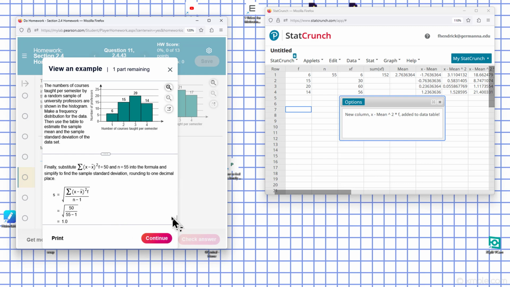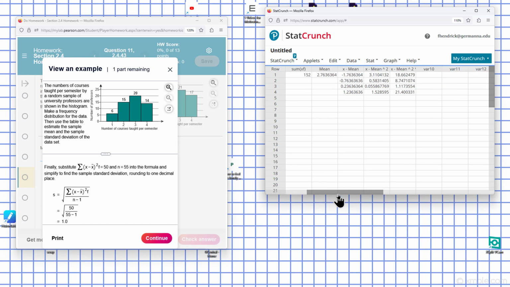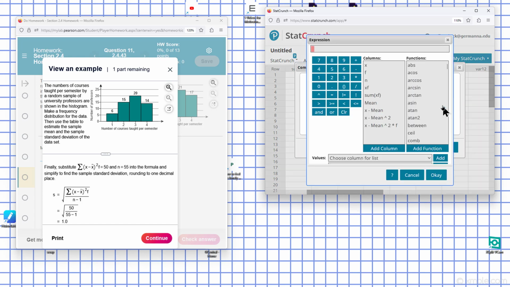So I want to sum those values. The standard deviation is going to be the square root of the sum of the squares times f, divided by n minus 1. So I have to find the sum of those squares times f. So go to data, compute expression, build.